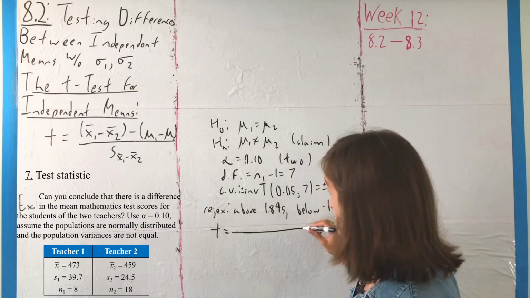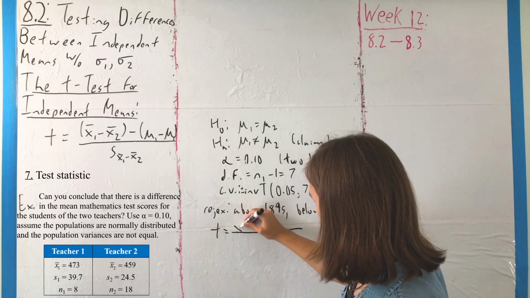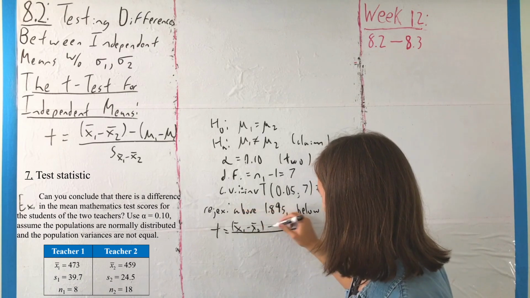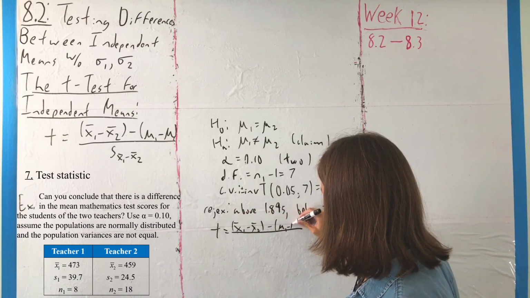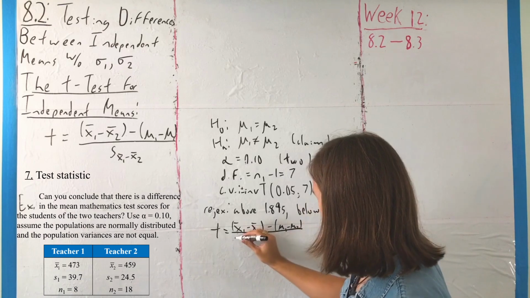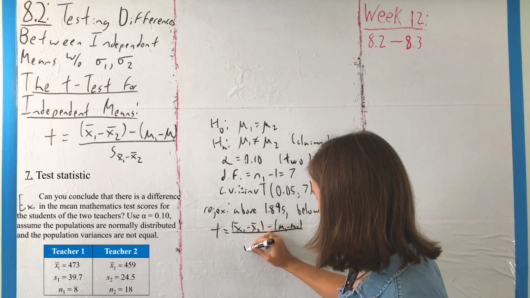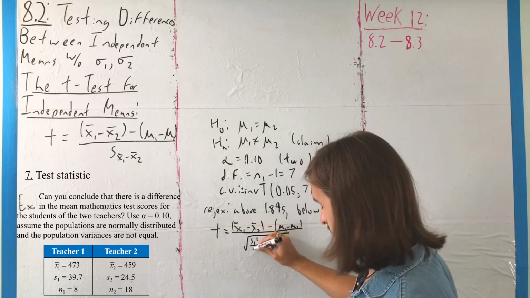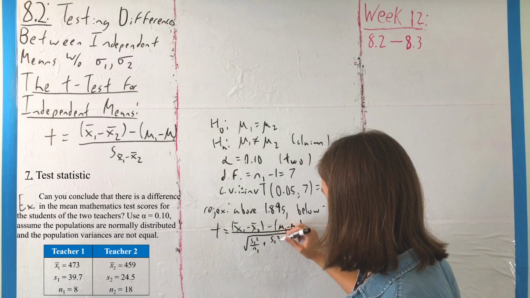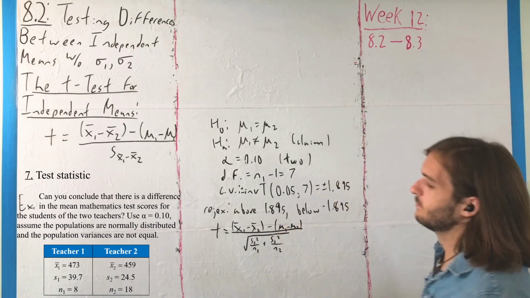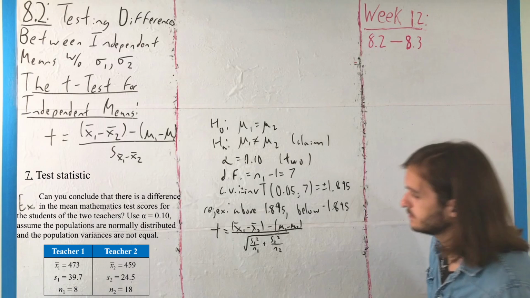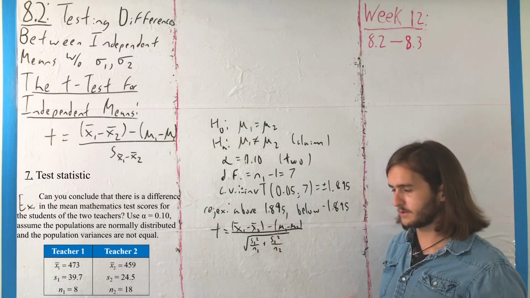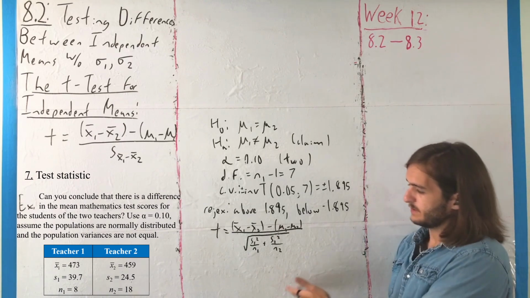So our formula is just x bar 1 minus x bar 2 minus mu 1 minus mu 2 over, oh boy, the square root of s1 squared over n1 plus s2 squared over n2. I don't quite have enough space here to include this the way I want with all of these numbers written in, but we do have the numbers there.